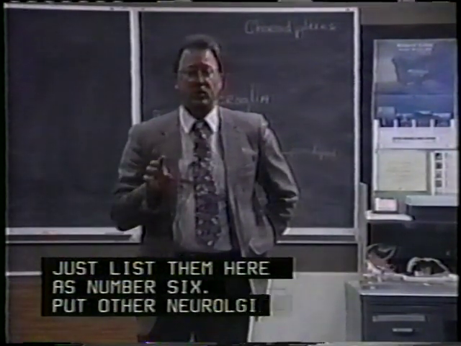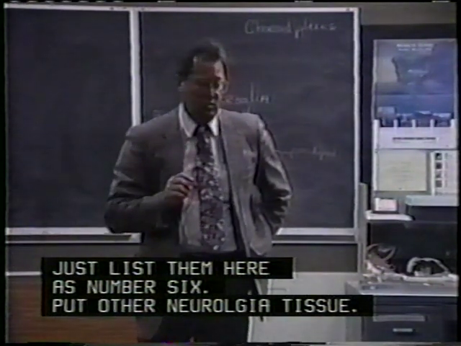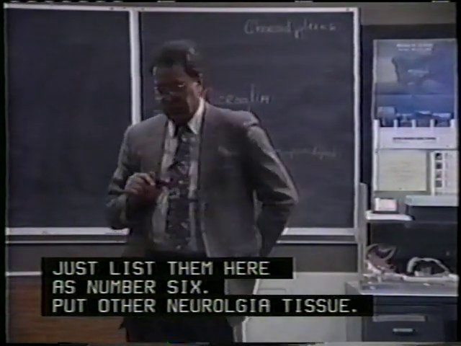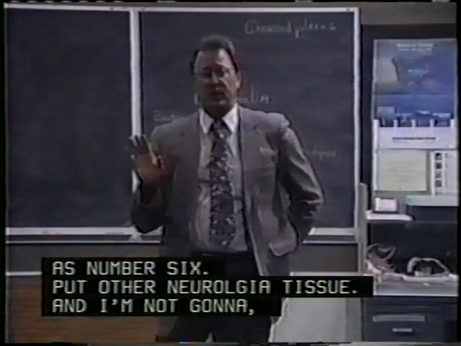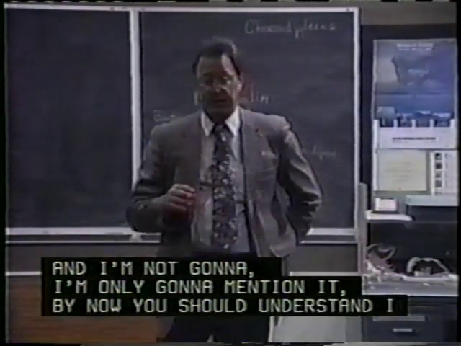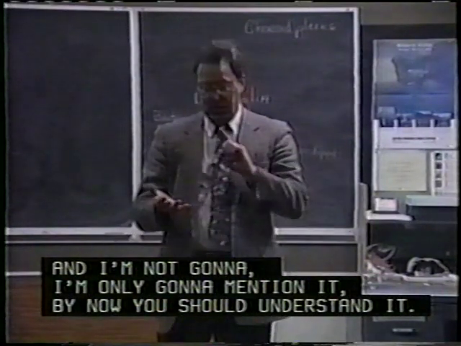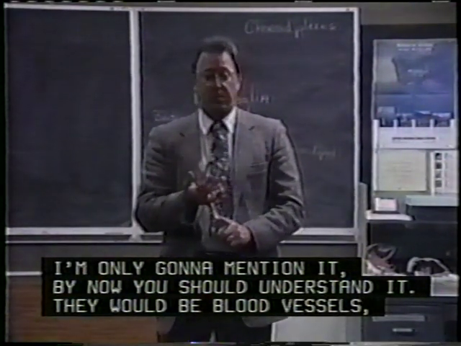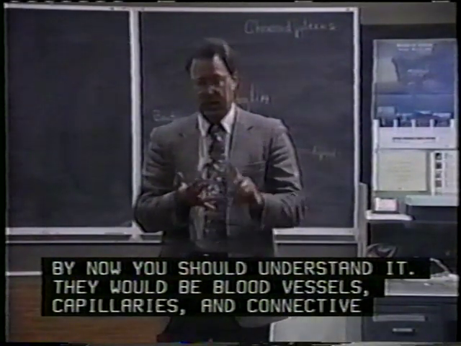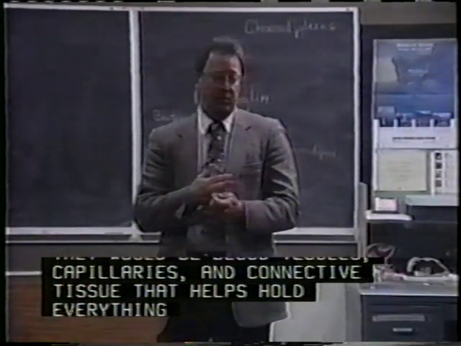Put other neuroglia tissue. And I'm only going to mention it. By now you should understand it. They would be blood vessels, capillaries, and connective tissue that helps hold everything in place.